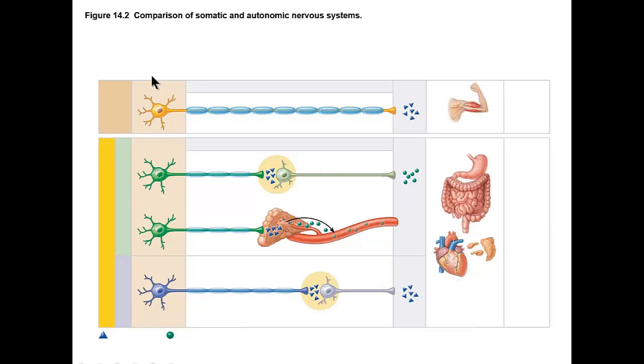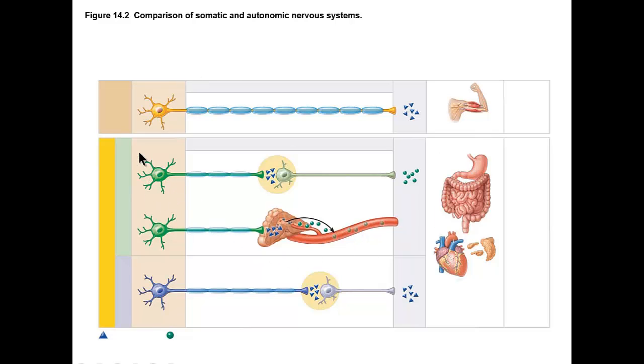Because this brown area, all of this is the central nervous system. Out here in the white, this is the peripheral nervous system. So this is a spinal or cranial nerve out here. So this is the central nervous system where the cell bodies are located. So a single pathway goes from the central nervous system to the effector cell.